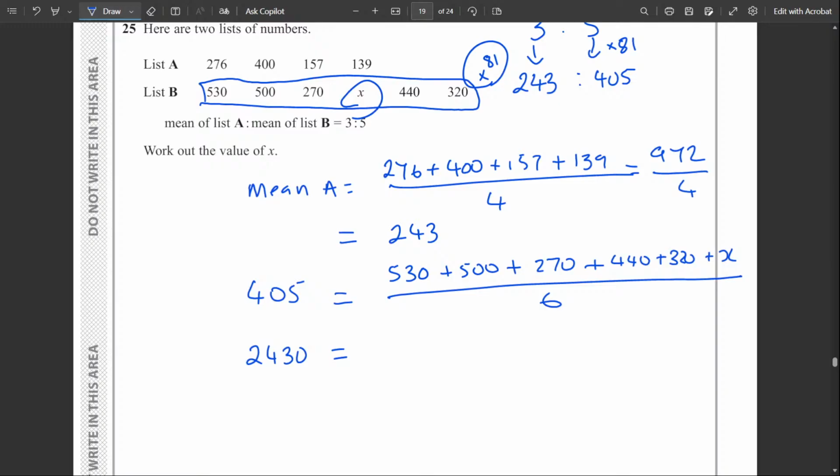So yes, we get 2060 plus x. So the x value is going to be 2430 take away that 2060, which gives you 370. So you take away 2060 from both sides. So it gives you x to be 370.